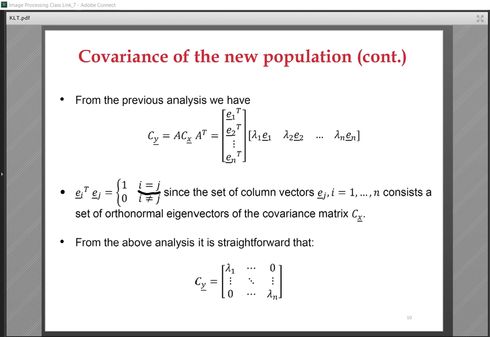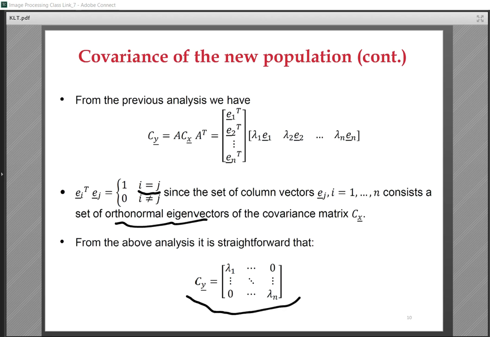Since the set of column vectors Ei, i from 1 to n, consists of a set of orthonormal eigenvectors, using this property we have this item for the covariance matrix Cx.